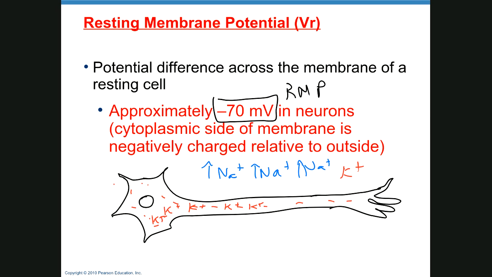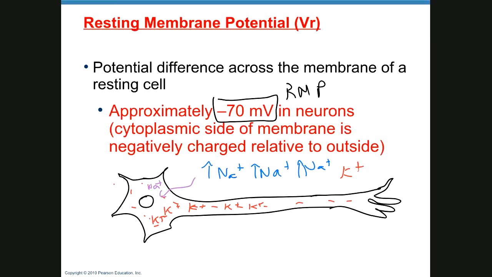Now, if you remember from Biology 1406, how diffusion happens from an area of high concentration to low concentration, you could see that if sodium channels were to open, sodium will diffuse inside the cell following the concentration gradient.